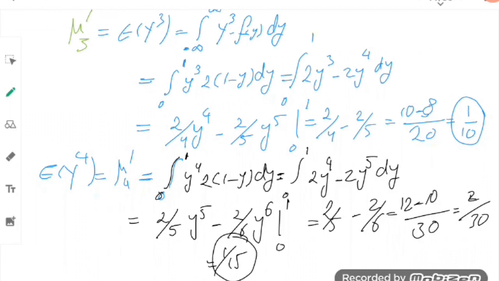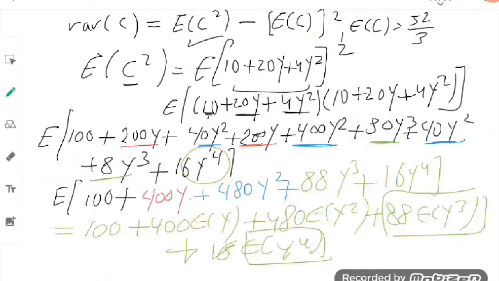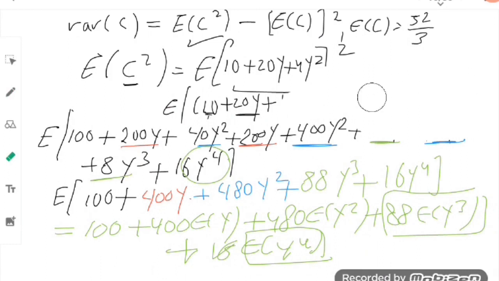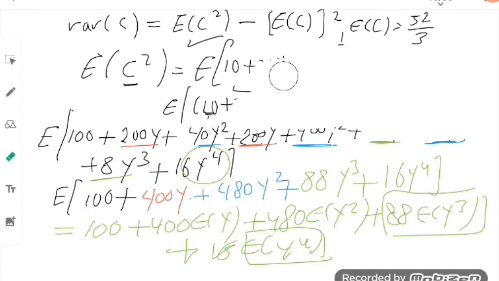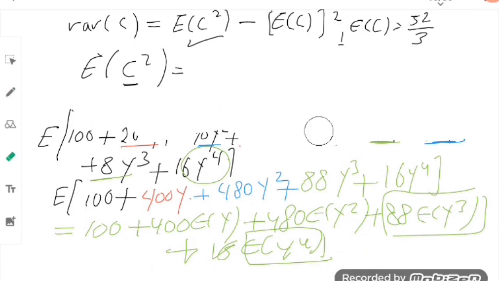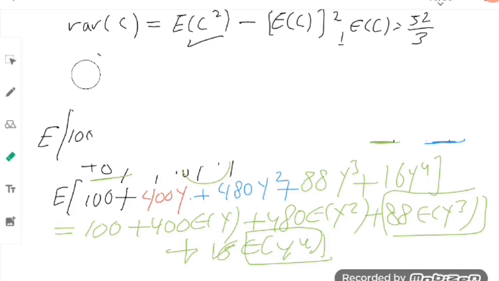This is the expected value of y to the power 4. Here we'll substitute in the formula. We are now computing the expected value of c to the power 2.